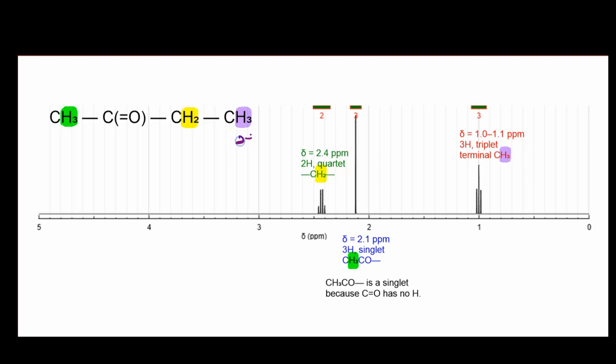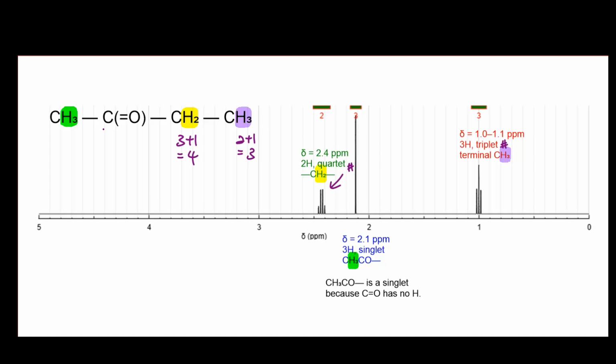So, 2 plus 1 equals 3. Hence, a triplet. The CH2 appears as a quartet because there are 3 neighboring hydrogen atoms. So, applying the n+1 rule, 3 plus 1 equals 4. Hence, CH2 appears as a quartet.